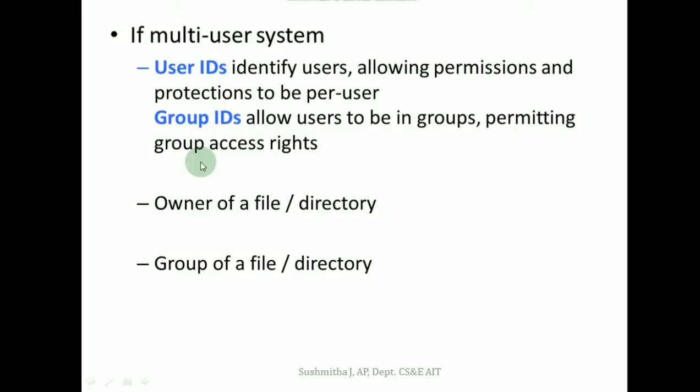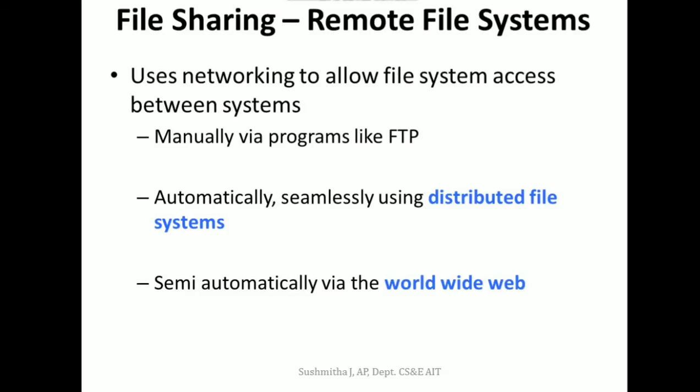The next thing that we have is file sharing in a remote file system. What happens in a remote file system is that it allows a computer to mount one or more file systems from one or more remote machines. So what are the techniques that are used to do so?